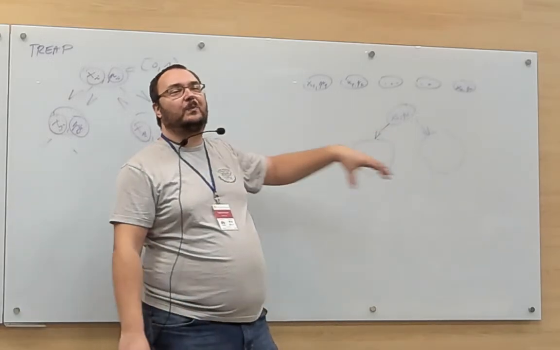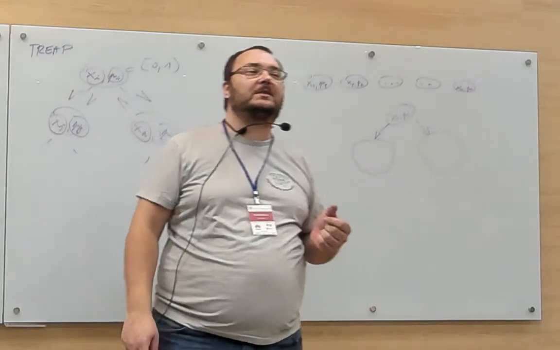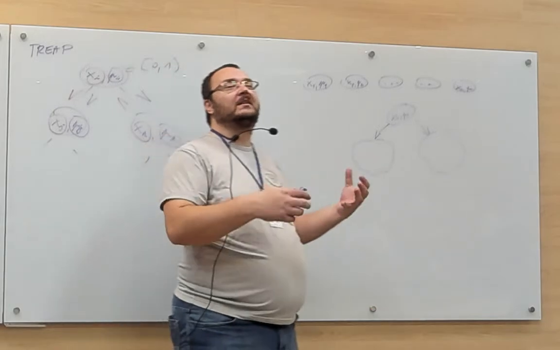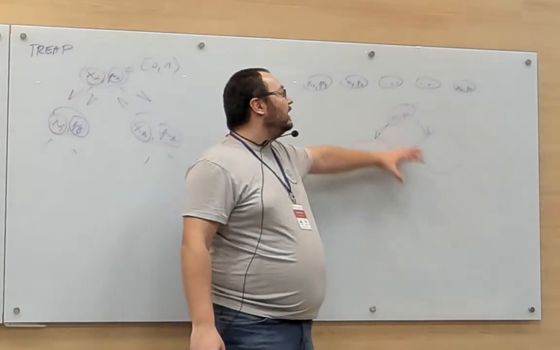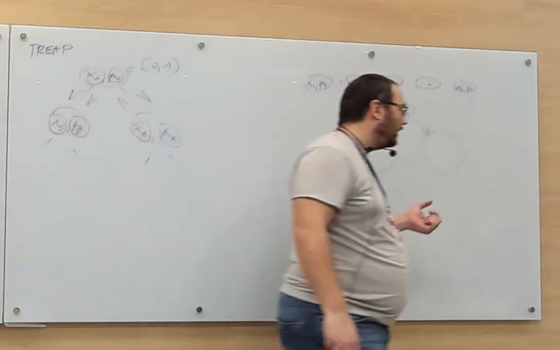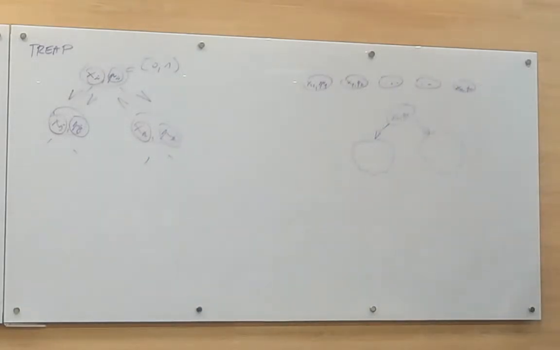Then we again proceed with the same argument for the subtrees afterwards. So in some sense, the final tree will correspond to a randomly chosen binary search tree for the initial keys x1 through xn.